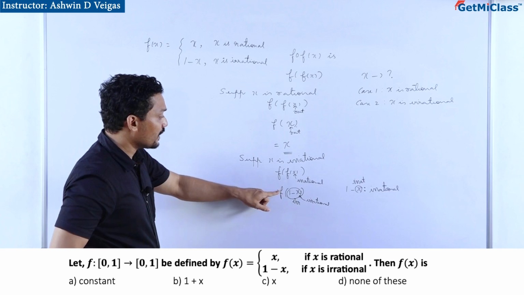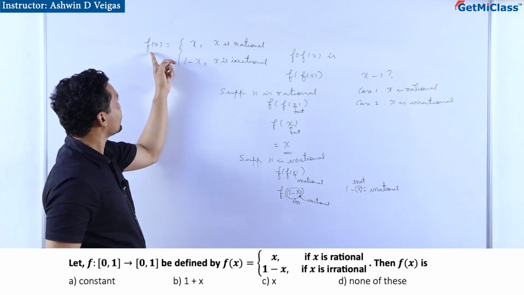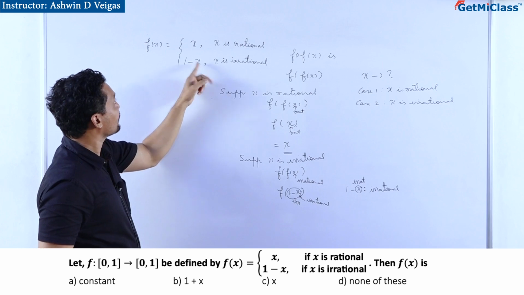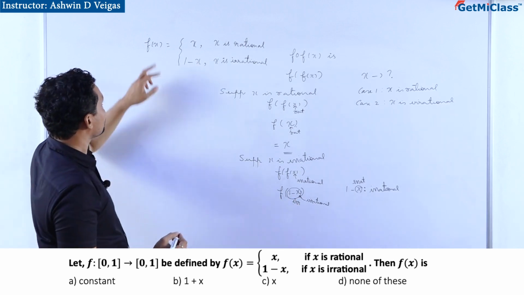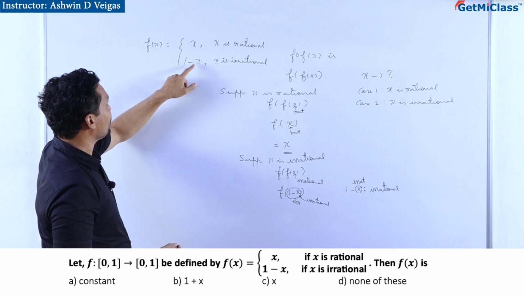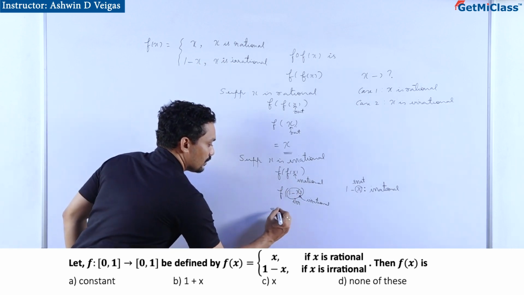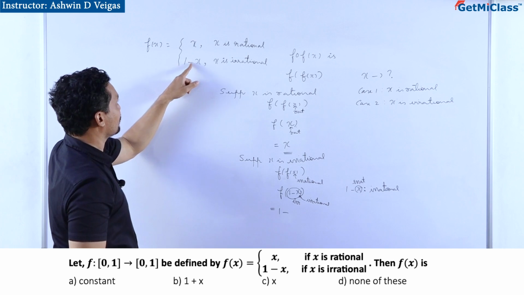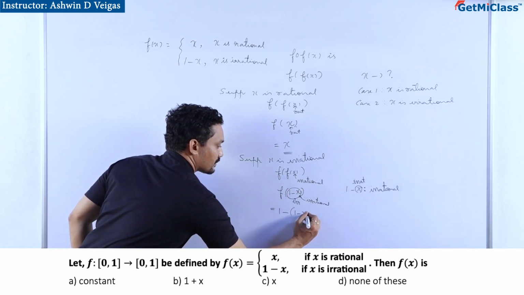Now, again what is f of irrational? So, f of irrational is 1 minus irrational. Therefore, see this students, f of x is 1 minus x. So, f of 1 minus x will be 1 minus this 1 minus x.